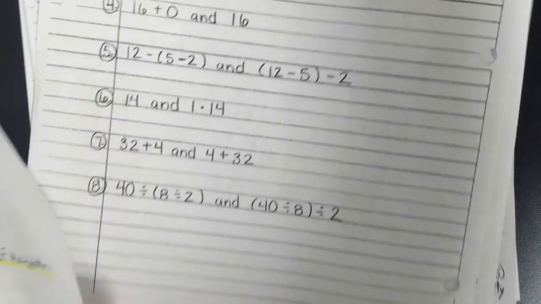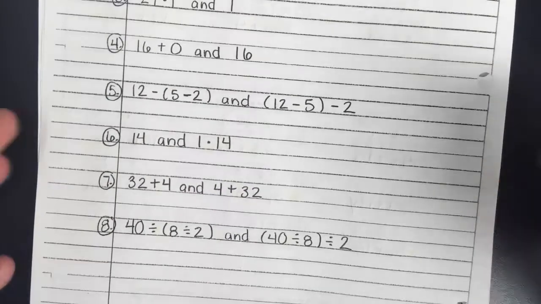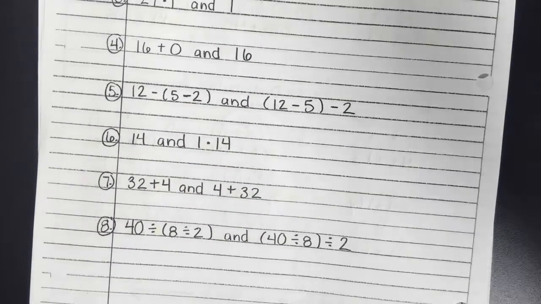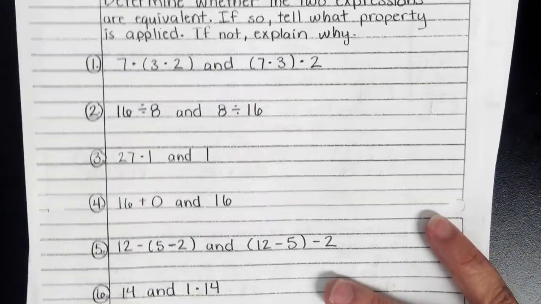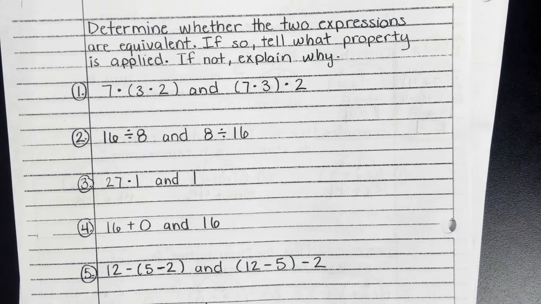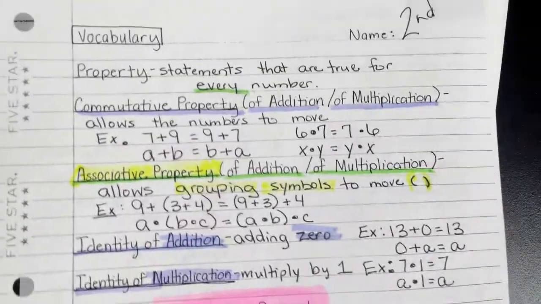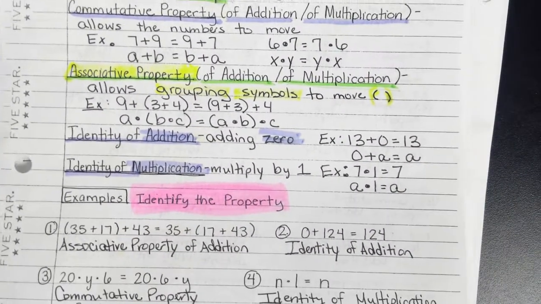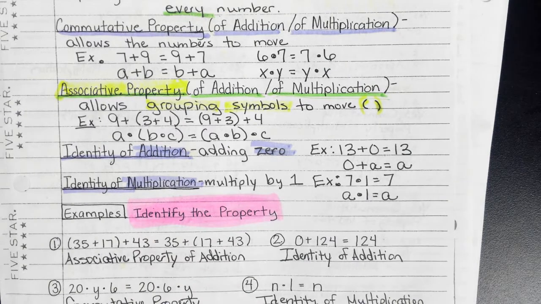I'm going to give you a few minutes to do these, and then we'll reconvene and check our answers. These are the property notes from yesterday, if that will help you while you're working on it. We'll give you a few minutes.